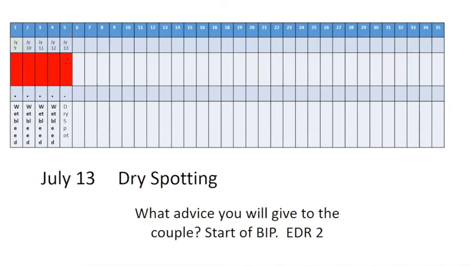And if the spotting is wet, abstain. We will only consider the spotting as a BIP if the spotting is already dry the next day after the menstruation. Did I answer your question?